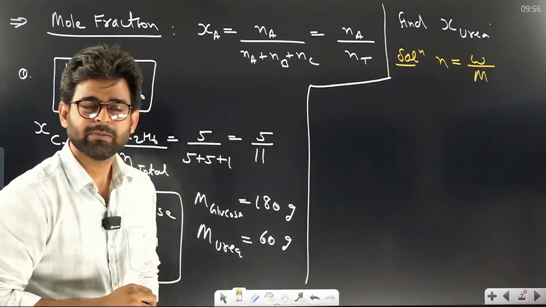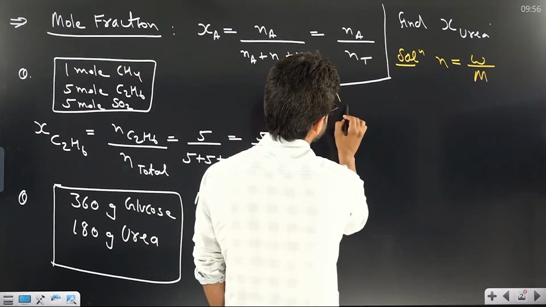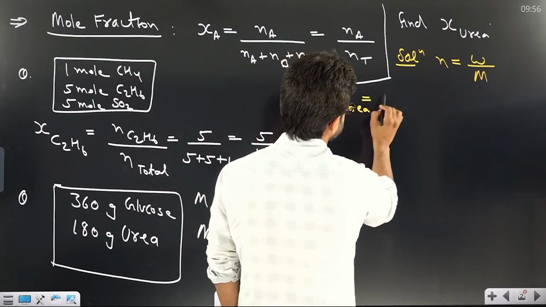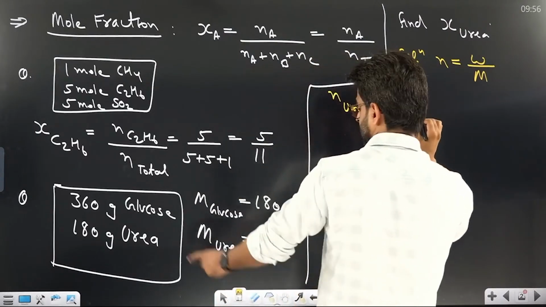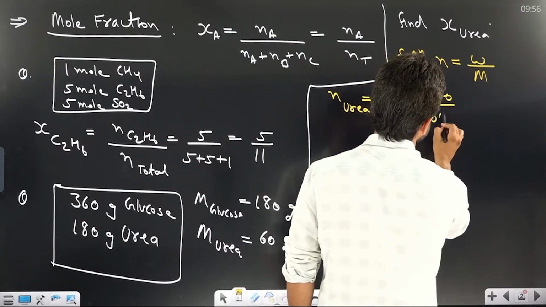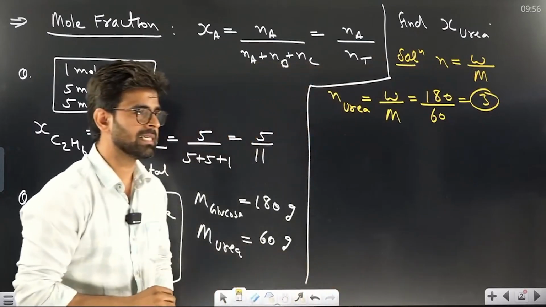So from here, if I want to find the moles of urea, given weight by molar weight. What is given weight here? 180 gram. The molar weight how much? 60. So how many moles are there? 3 moles. Very good.